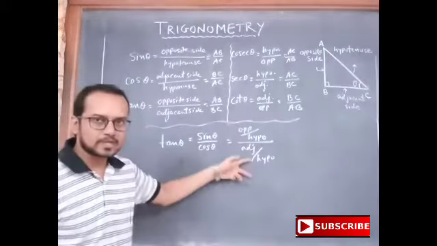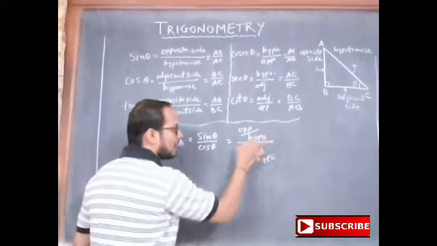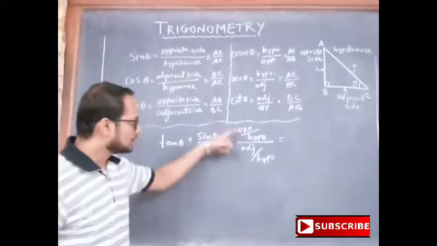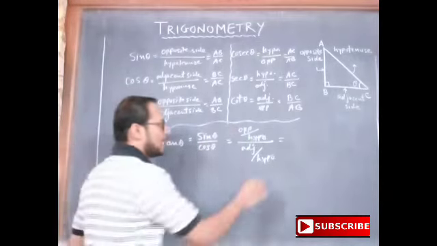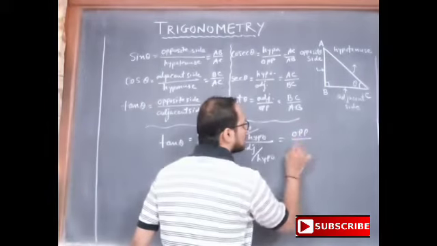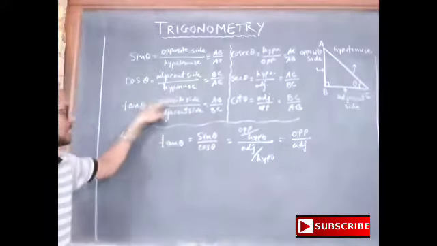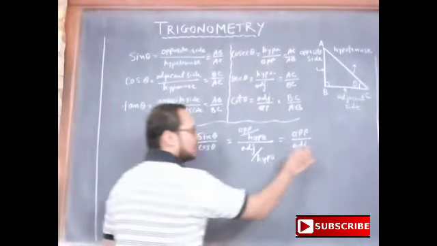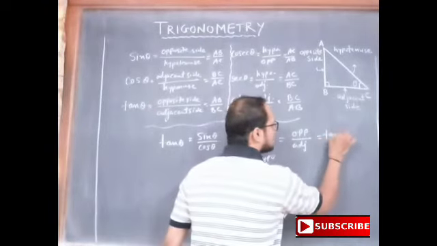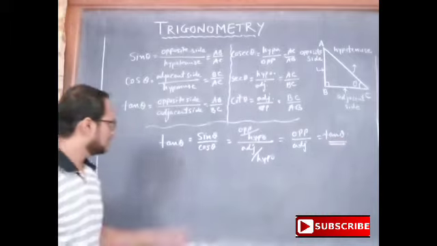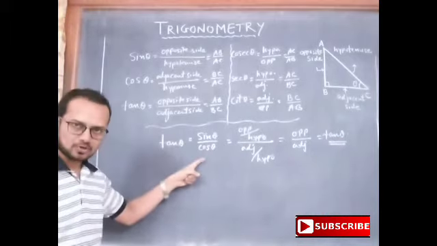So in this ratio we can see that the denominator term hypotenuse can be cancelled out, so the remaining term is opposite to adjacent. So opposite side upon adjacent side. But we know that the ratio of opposite to adjacent is tan theta. So I can write here opposite to adjacent means tan theta. It means tan theta equals sin theta upon cos theta.